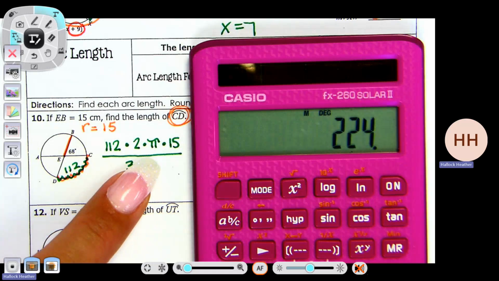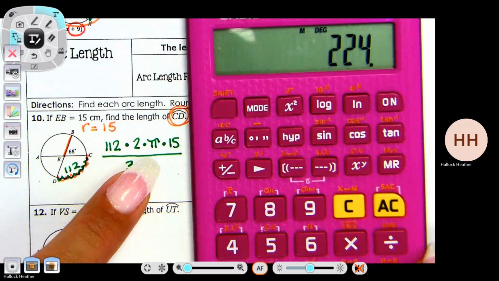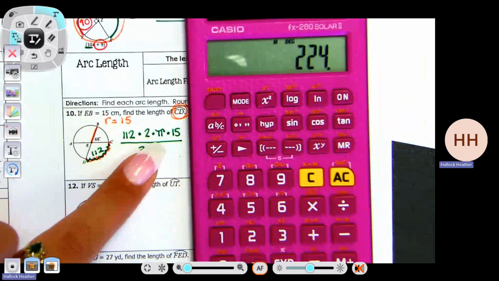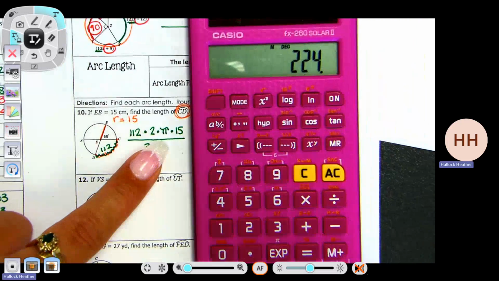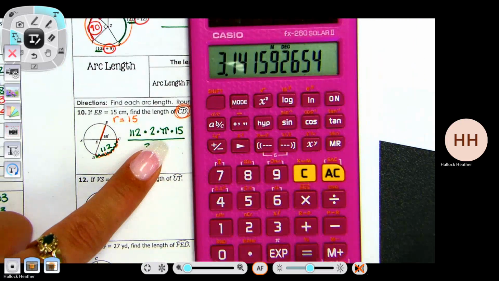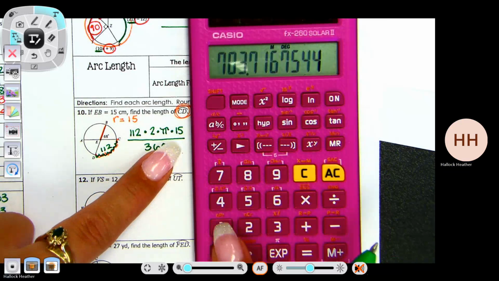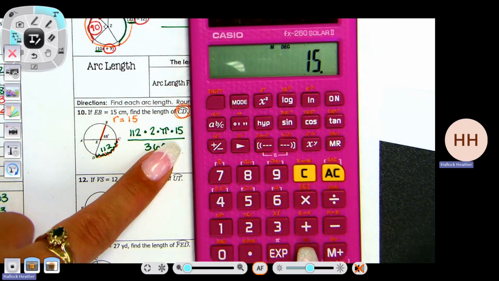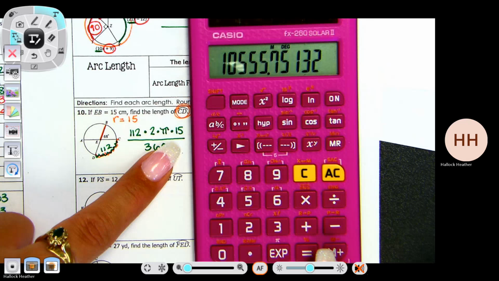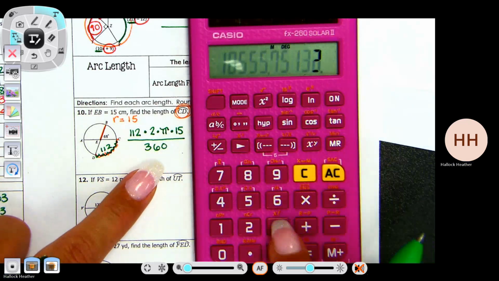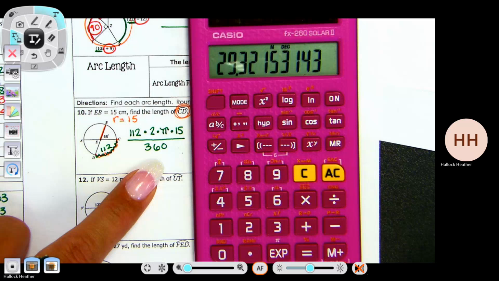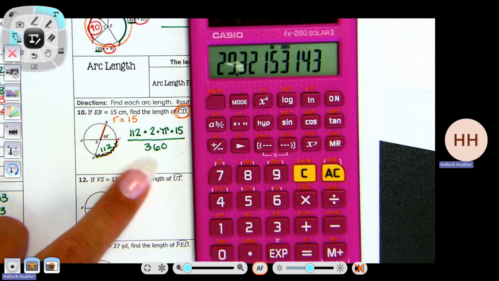Remember from Friday, where's pi? EXP, this button down here. So times pi times 15. I'm going to press equals to make sure it all multiplies together. And then I'm dividing by 360. So 29.32. If you read the directions, it says round to the nearest hundredth. So we're doing 2 decimal places today.